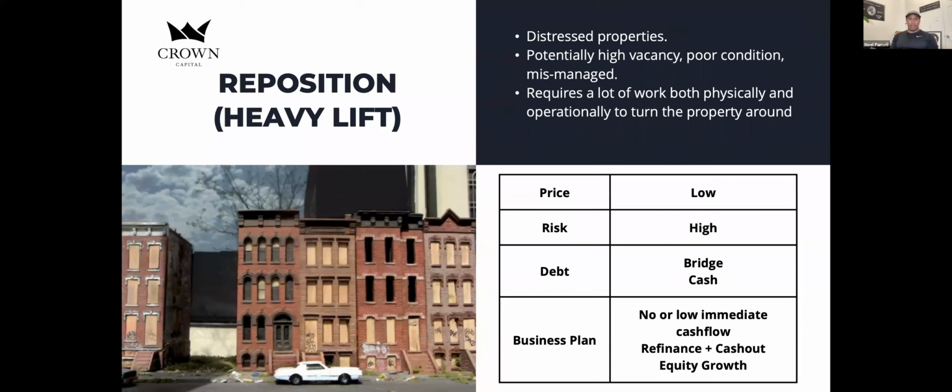There is a very high risk with this, but there is also a very high reward. So if you choose correctly, you can really set yourself up for a big payday if you're holding this product maybe for 7 to 10 years, because sometimes that's the time needed for the neighborhood to change.